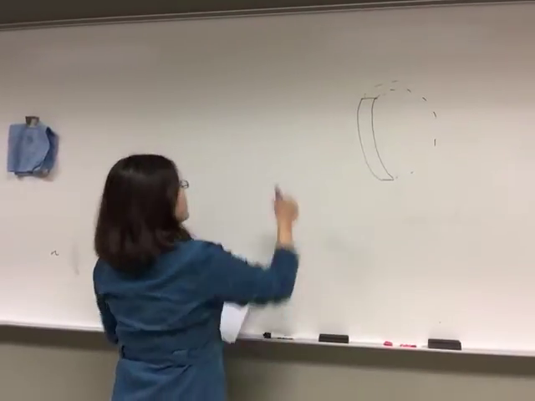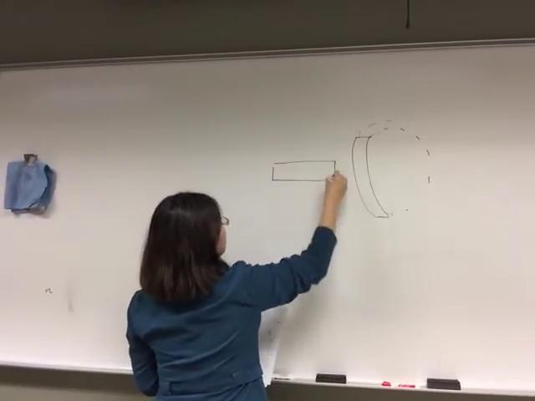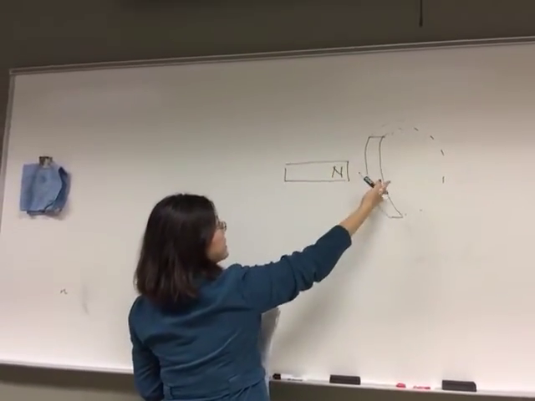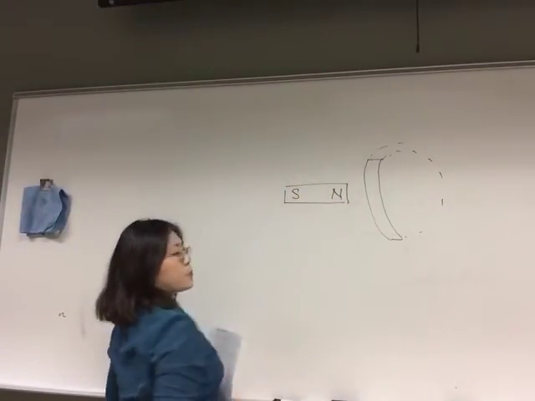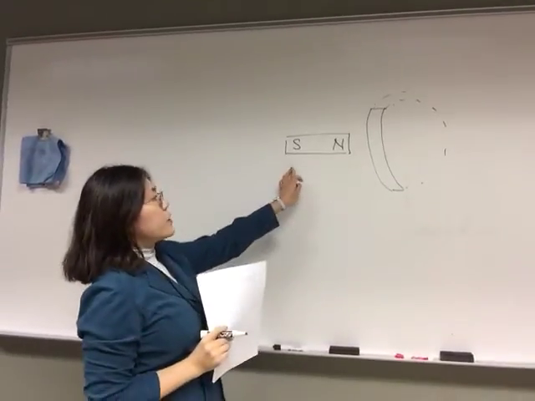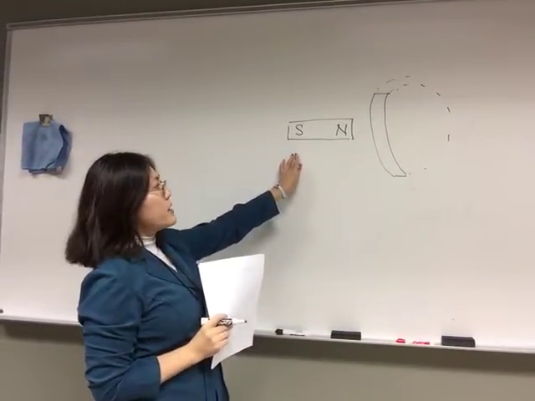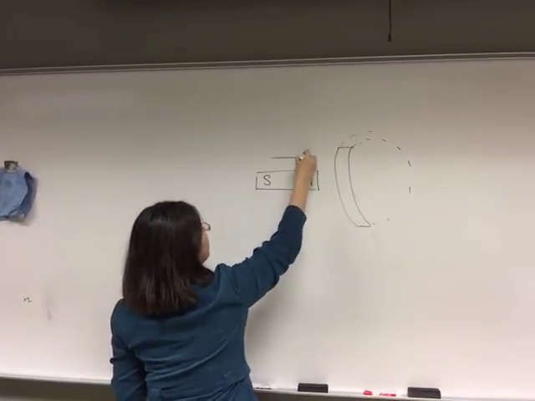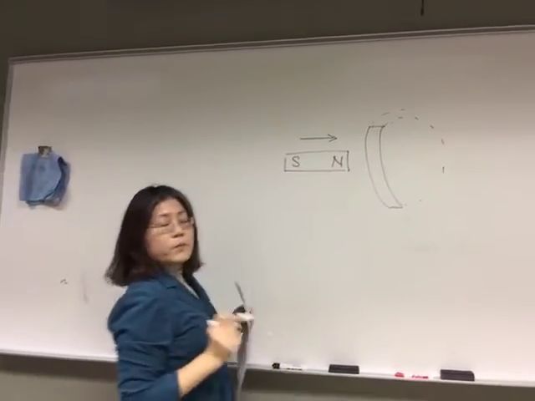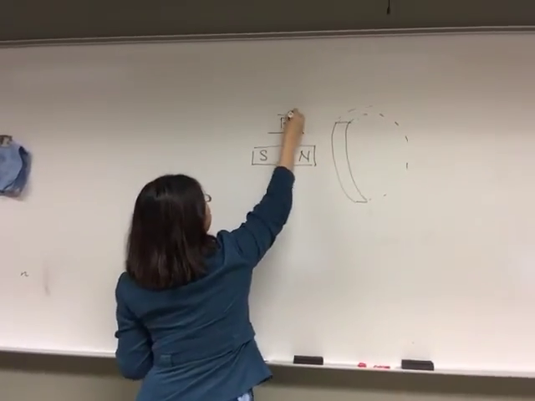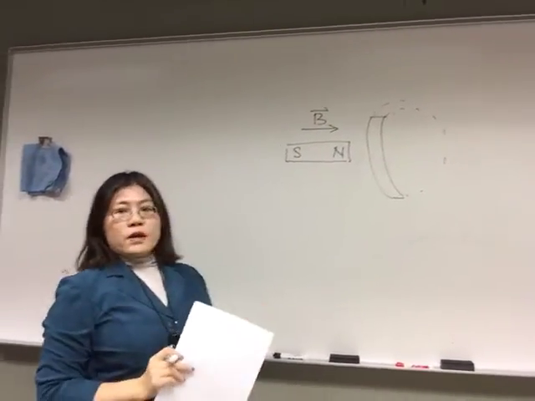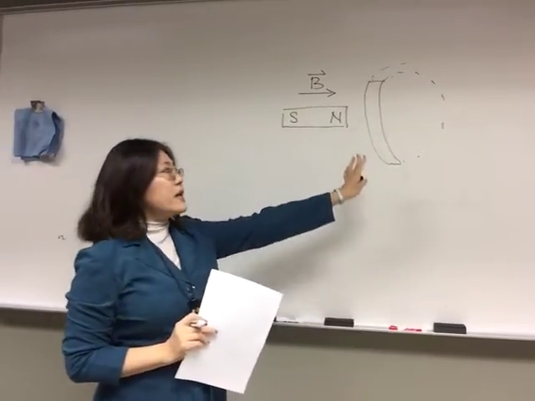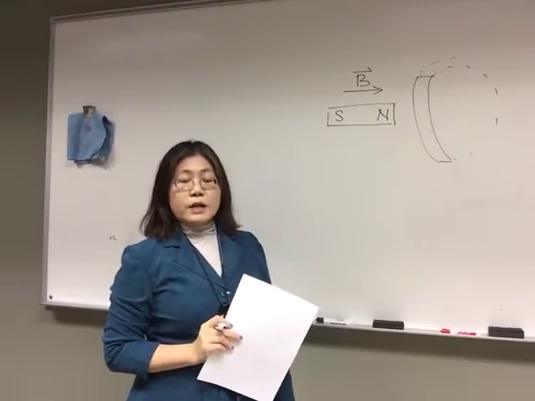Okay, so let's say you have a bar magnet, with the north pole facing this loop, and this is your south pole. The direction of the magnetic field is from south to north, so you draw a line to indicate the direction of the magnetic field. And then you have this current loop, but there's no current inside the loop as of now.